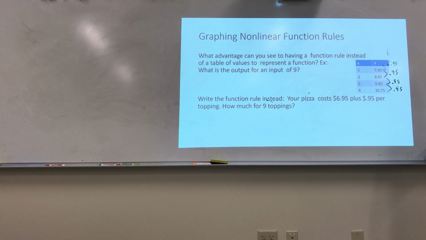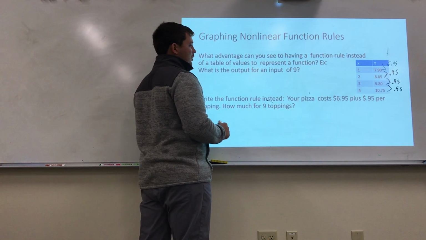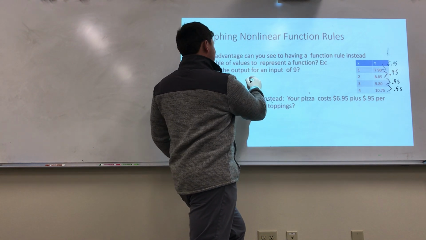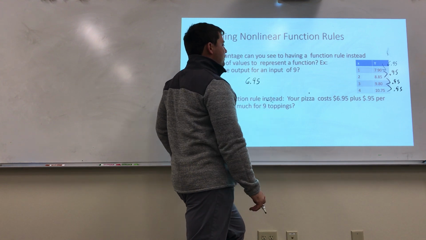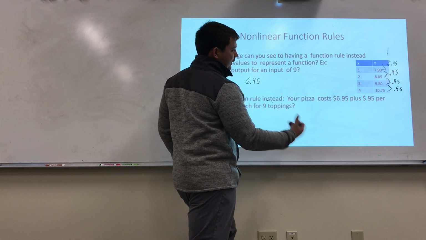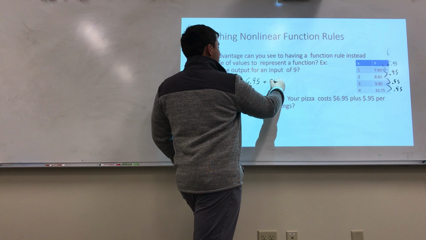So that's my initial amount. That's what it's going to be at the beginning. So, no matter what, if I didn't get any extras, let's say this is a pizza, I didn't get any toppings, they charge me $6.95 for my pizza. Alright? Then I want to find out what it costs if I throw on 1, 2, 3, 4 toppings. Well, each topping is going to cost me 95 cents.